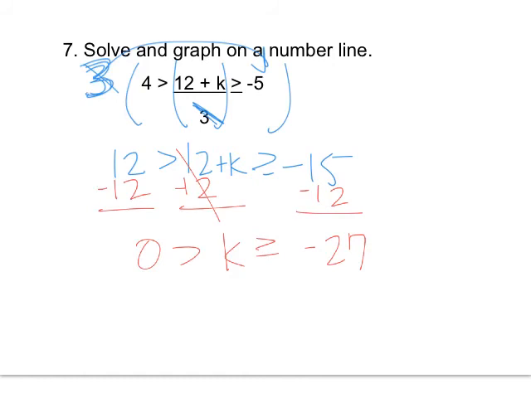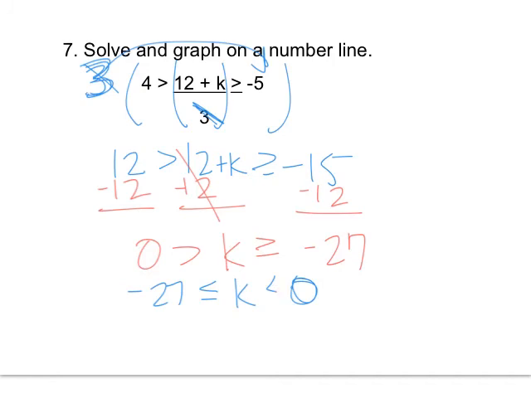Again, this time we've got our inequality symbols turned around, and I noticed that the smallest number is actually on the right, so we should rewrite this as negative 27 is less than or equal to k, and k is less than 0. That puts the smallest number on the left and the greatest number on the right, and writes our inequality with less than symbols.